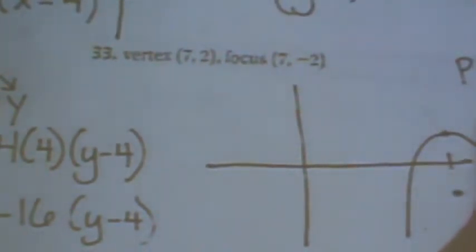So it's x minus 7 squared equals negative 4 times 4 times y minus 2. So x minus 7 squared equals negative 16 times y minus 2. Good? Yeah.